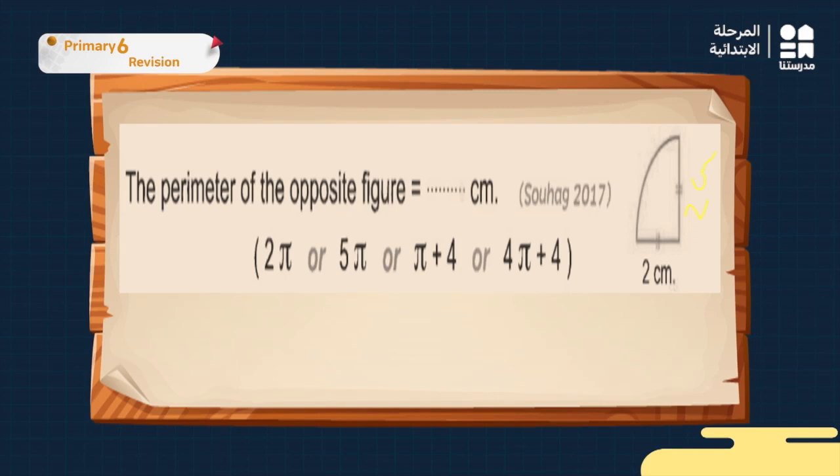Then I will add 2 plus 2, which are the 2 radii, which is 4.